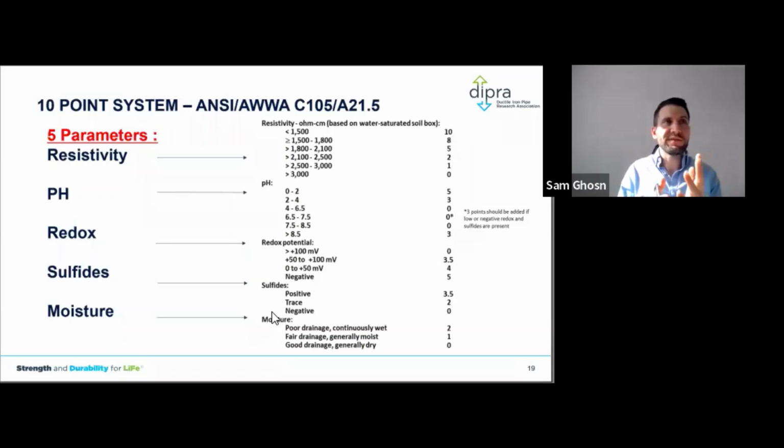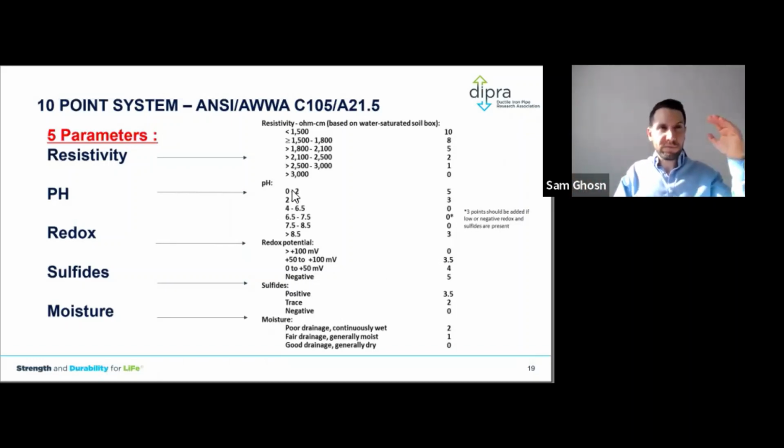You need to measure resistivity, the most important thing, how conductive that soil is for current, pH, redox, sulfide, and moisture. Historically, we used to use this 10-point system, which you could still use as an indication on whether this soil is corrosive or not.